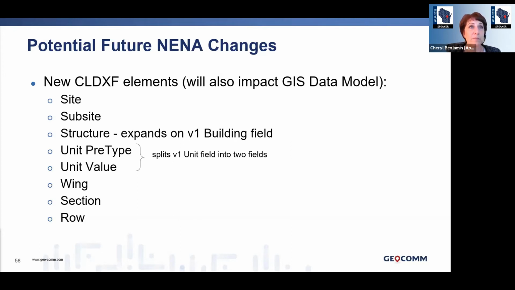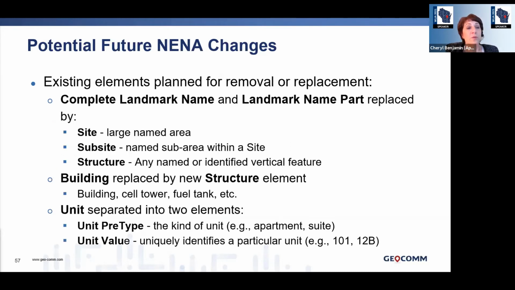So as I just mentioned, landmark name and landmark name part were confusing to many. What's going to happen is those are actually going to be removed from the NENA standard and replaced by the site, the subsite, and structure elements. And as I mentioned, building is going to be changed and replaced by the new structure element.